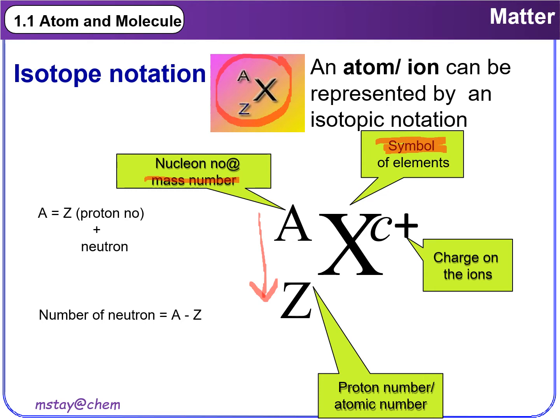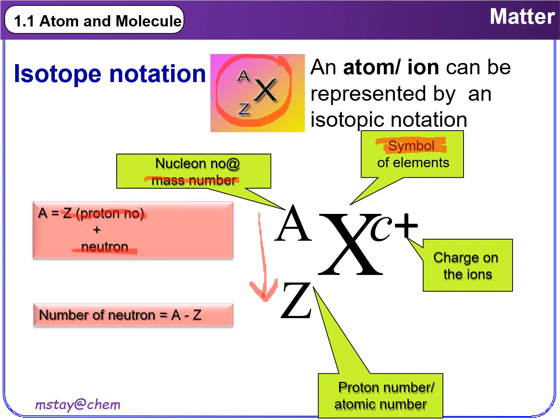The charge can be positive and also negative, as we already know. Just a reminder: A, the neutron number, is the total number of protons and neutrons. If I want to get the number of neutrons, I use A minus Z from the isotope notation.